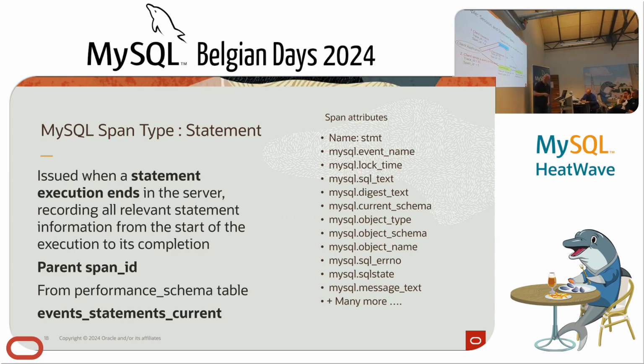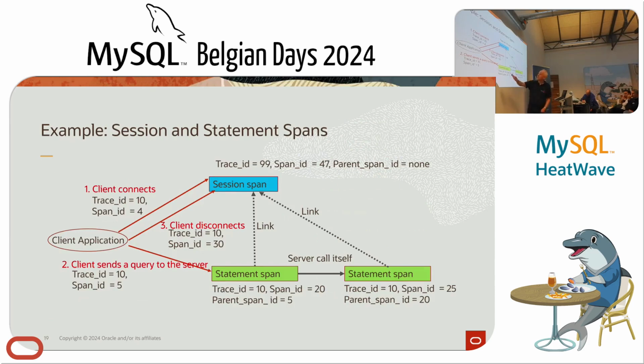This is trying again to illustrate some of this. This is a client that first does a connect, a disconnect, and sends a query and a disconnect. That's the application flow in this example case.